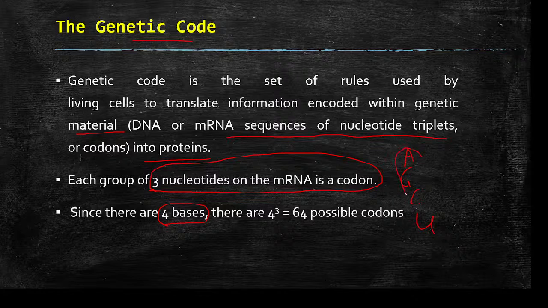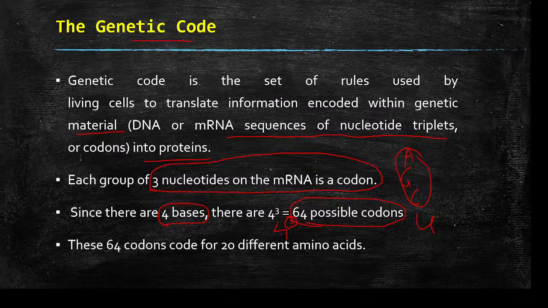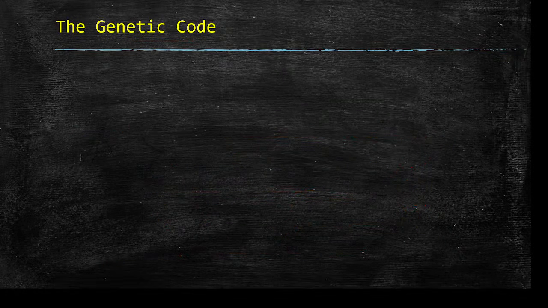By permutation and combination, 4 cubed gives 64 possible codons, each codon carrying 3 nucleotides. These 64 codons code for 20 different amino acids that are present in proteins.